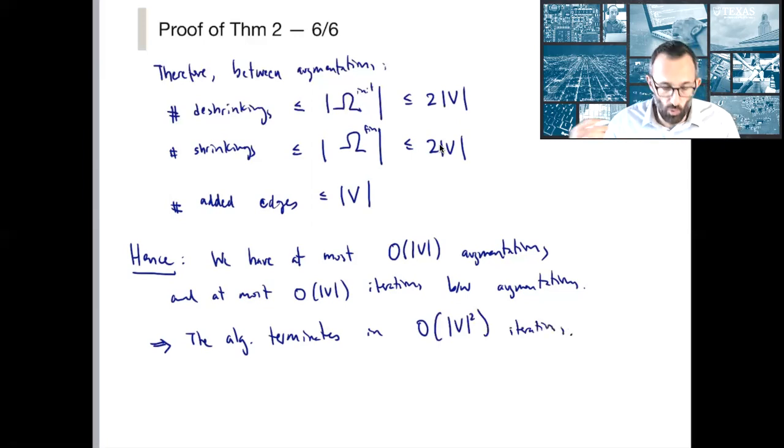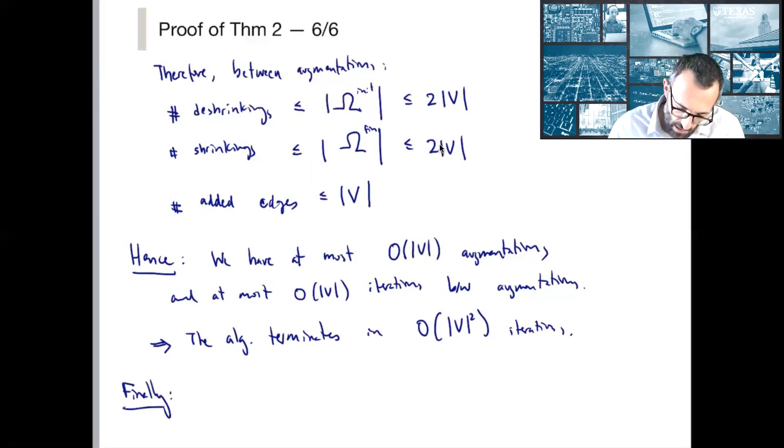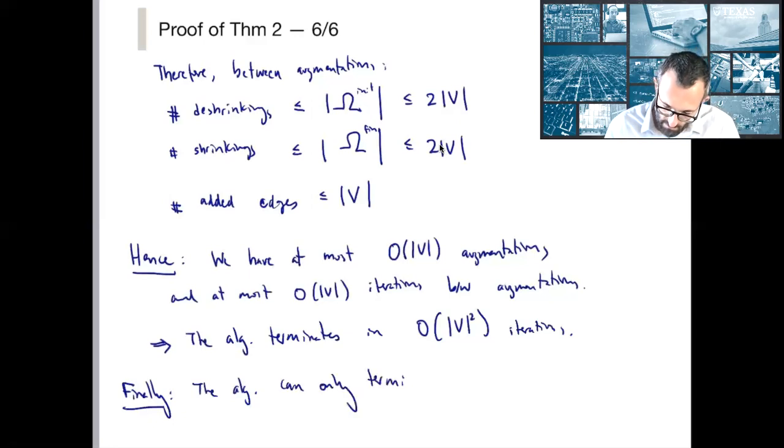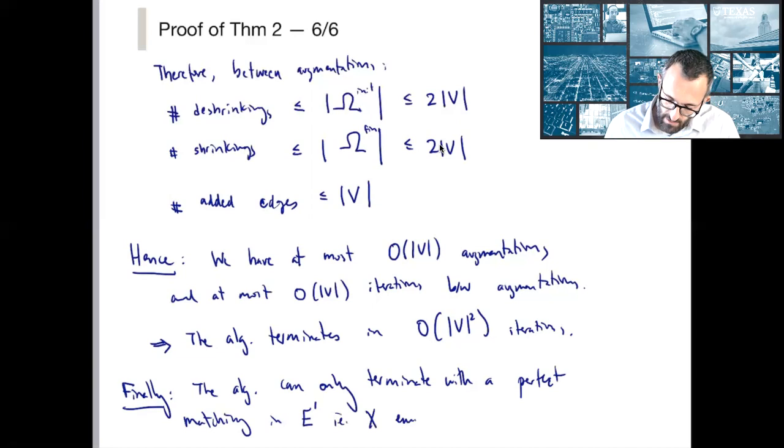And finally, it's worth restating again. We've already talked about this in the previous lecture, that the algorithm can only terminate in a perfect matching in E', which makes X empty.